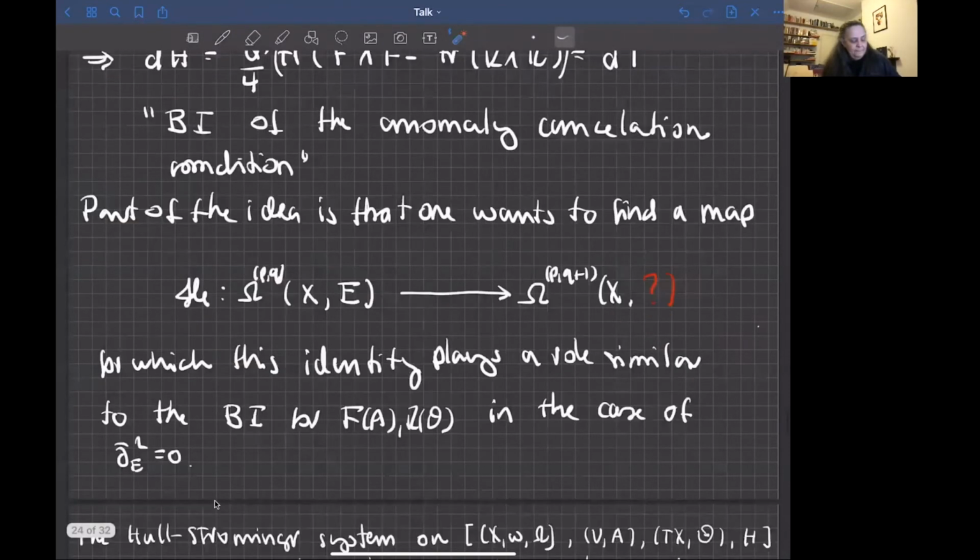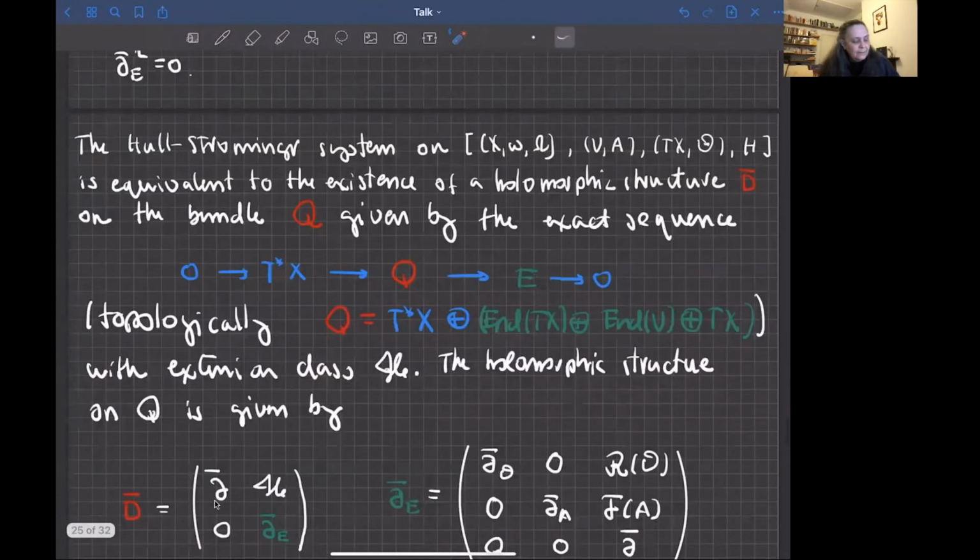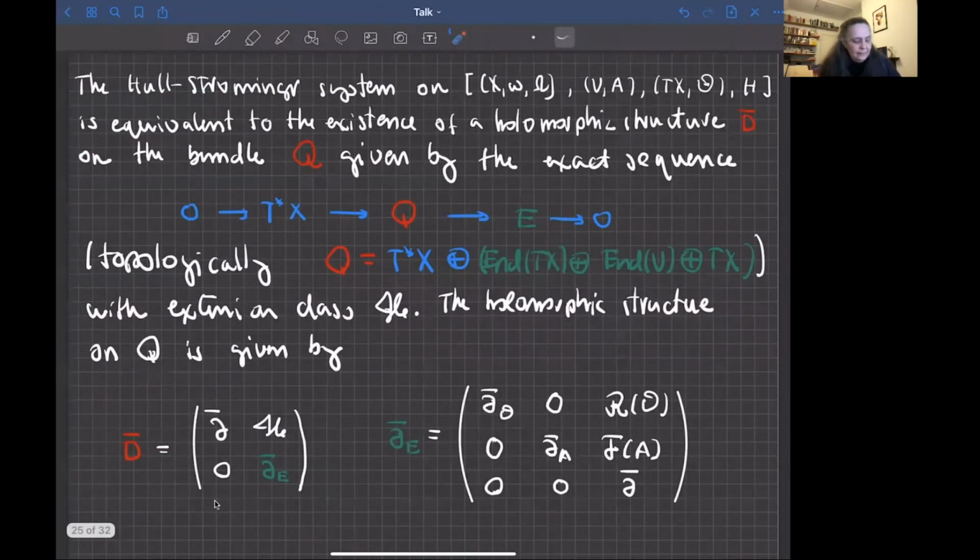Right. So the answer is the following. The whole Strominger system on this object is equivalent to the existence of a holomorphic structure, D bar, on the bundle Q, given by this exact sequence.